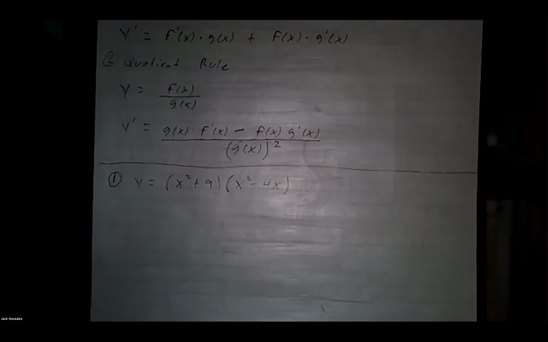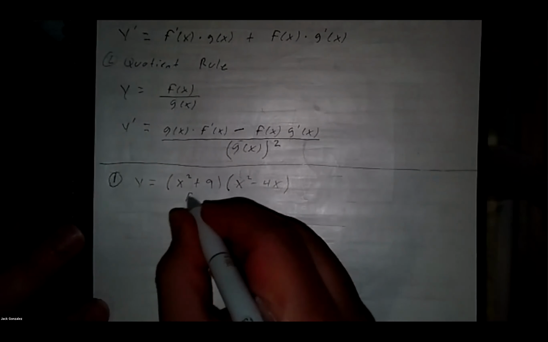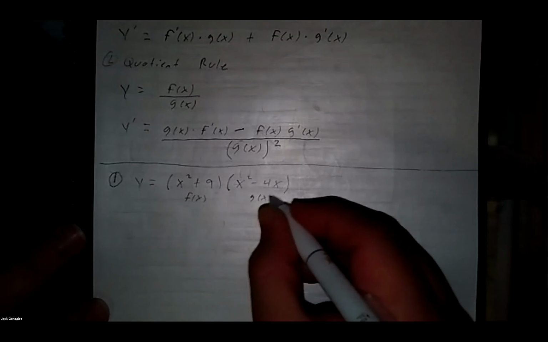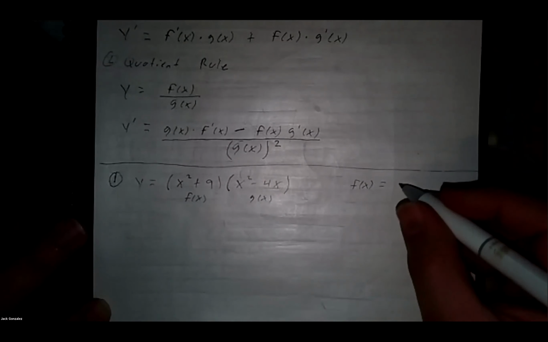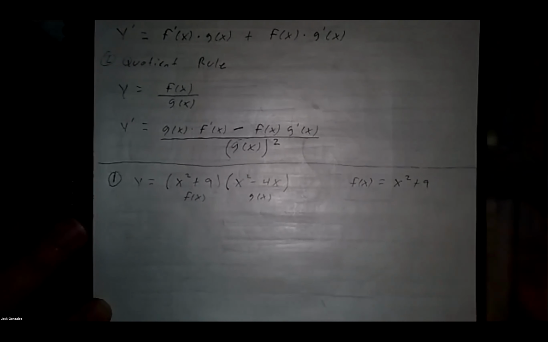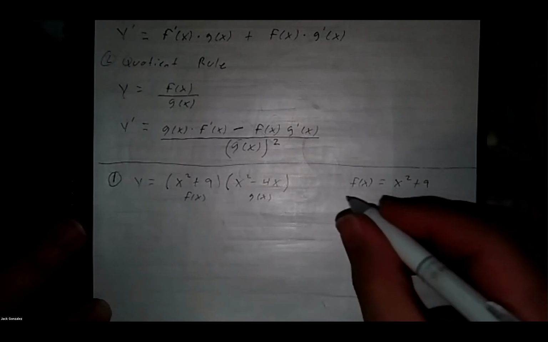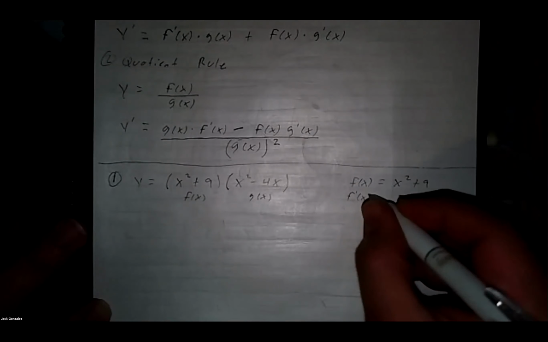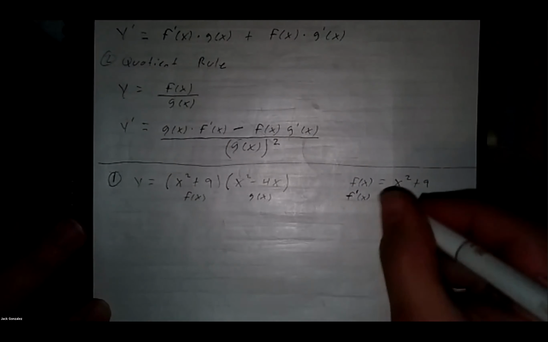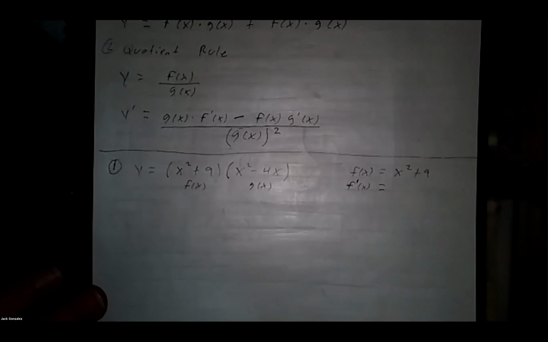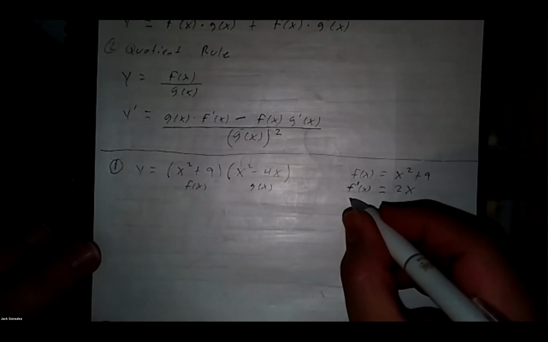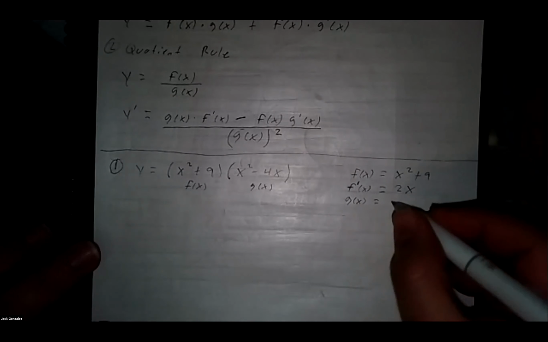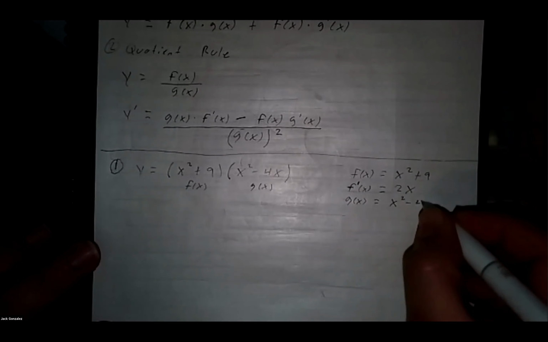All right, so let's just pretend this is my f and my g. So over here, what I recommend is to write down the functions, whatever you decide to name them. I'm going to call this f. So what is the derivative of f? Two x. Yeah, it's going to be 2x, right? That's it. Okay, so g, we define it to be x squared minus 4x.